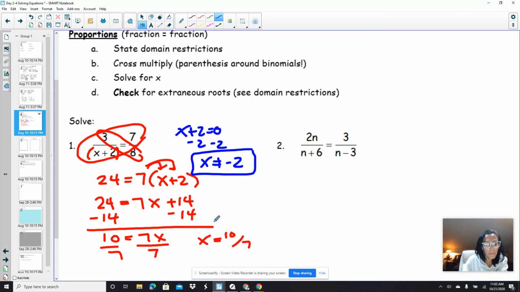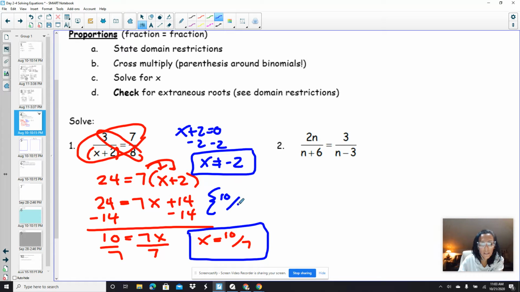So x cannot be -2, which is okay because we're saying x is 10/7. So there's no conflict there. All right, so that's done. Let's move on. Now, maybe I should put my answer in fancy brackets. Okay. All right, so let's go on to number 2, a little bit more challenging.